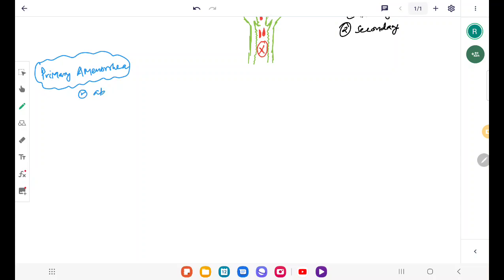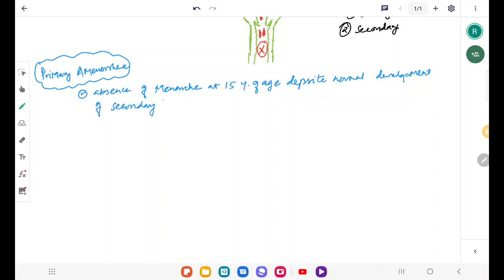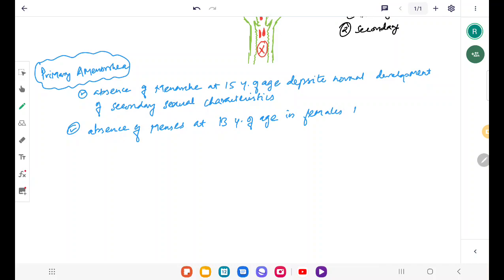It's defined as either absence of menarche at 15 years of age, however the female has normal development of secondary sexual characters, or it could be absence of menses at 13 years of age in females, but there would be no development of secondary sexual characteristics.